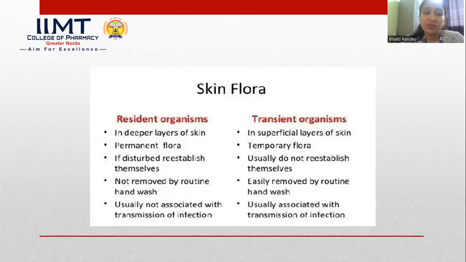The resident flora is present in the deeper layer of the skin, and is the permanent flora. If it is disturbed, it can be reestablished, is not removed by routine hand wash, and is usually not associated with transmission of diseases or infections.